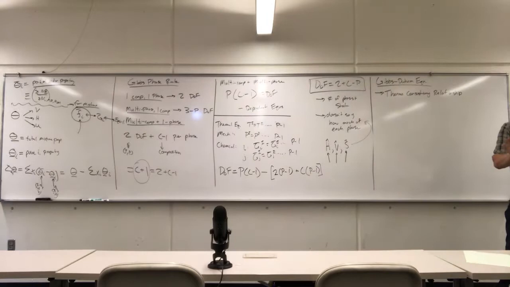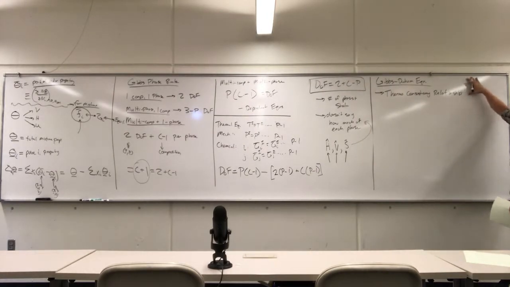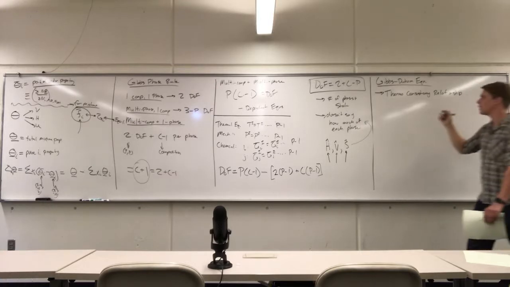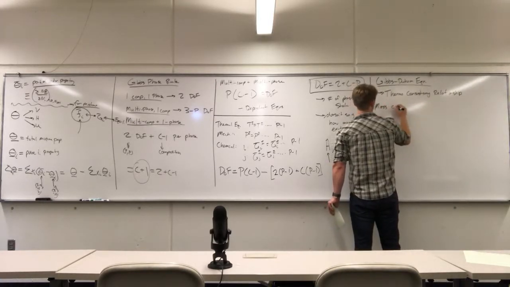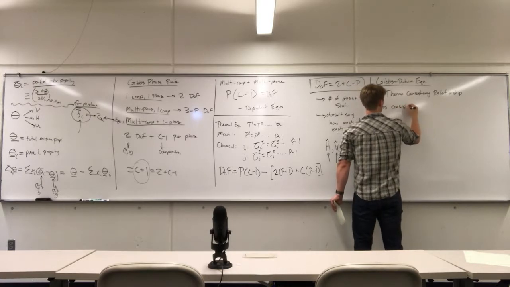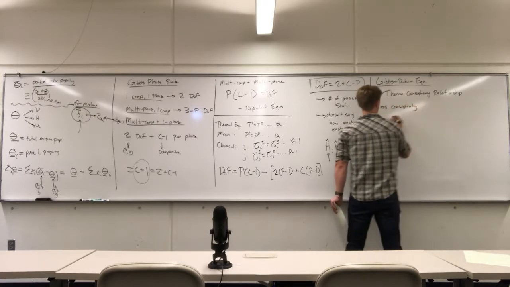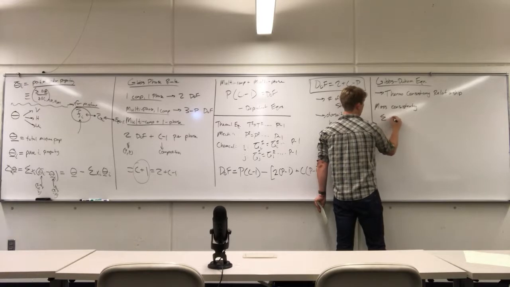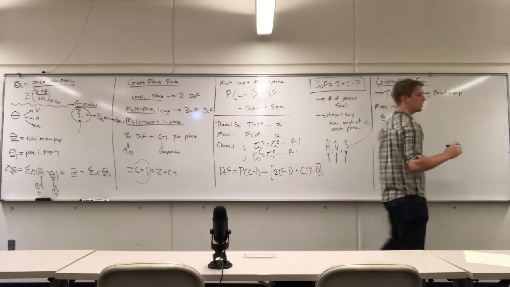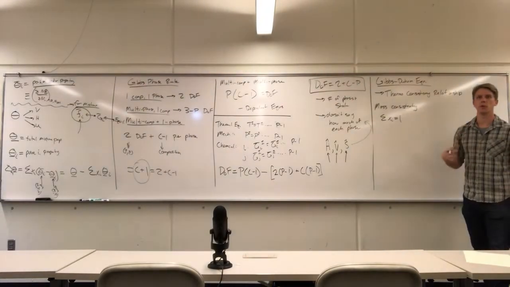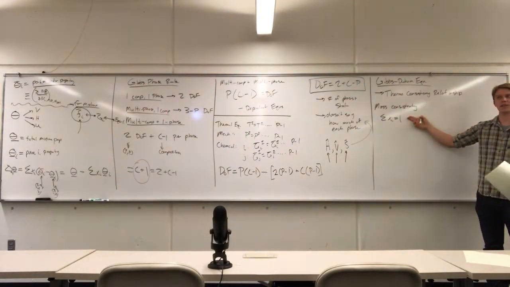Another consistency relationship is basically a definition that we can't violate. So if we do a mass consistency relationship, what I mean by that is if we take the summation of all of the mass fractions or mole fractions of the system, it has to be equal to 1. This is really just a definition.